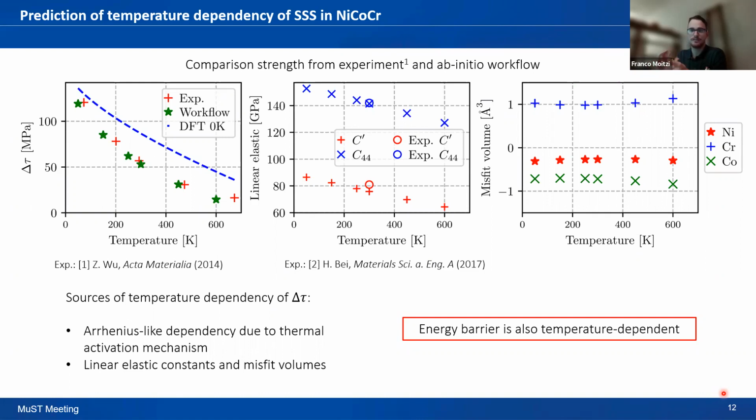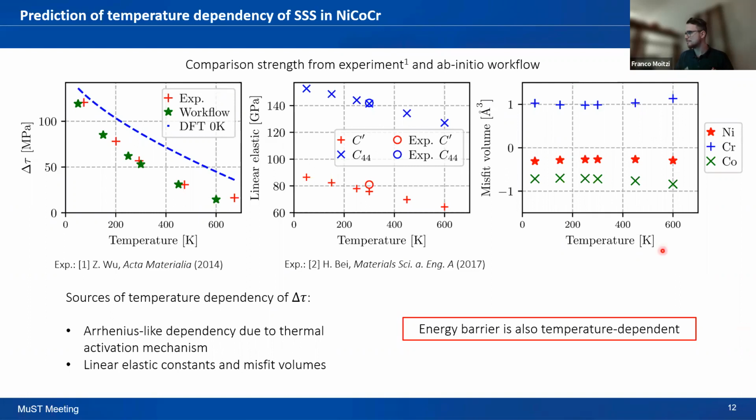So one is a kind of Arrhenius-like dependency just due to thermally assisted crossing of the energy barriers of the dislocation. So this will be really just an Arrhenius-like dependency of this quantity with some energy prefactor that can be calculated in the exponent. And the other thing is that the linear elastic constants and the misfit volumes themselves are temperature dependent.